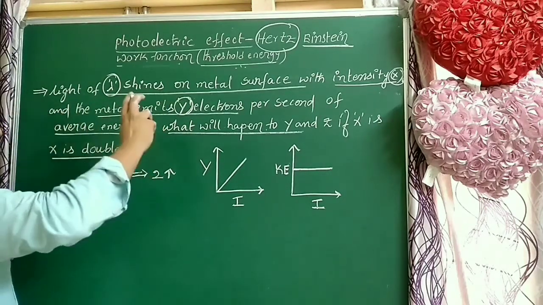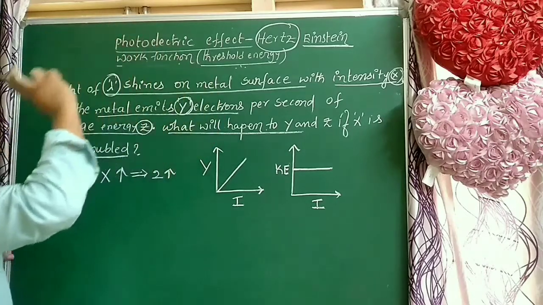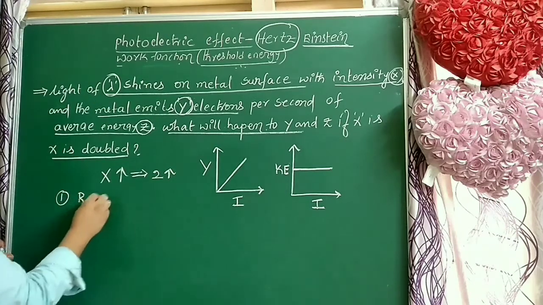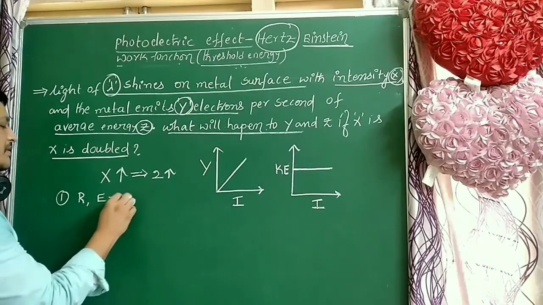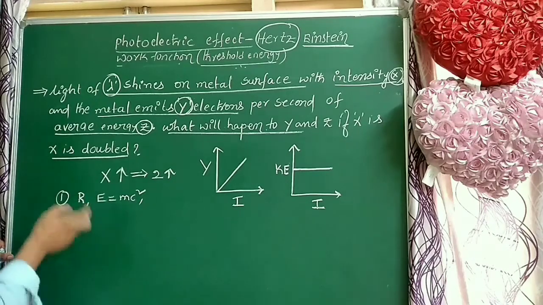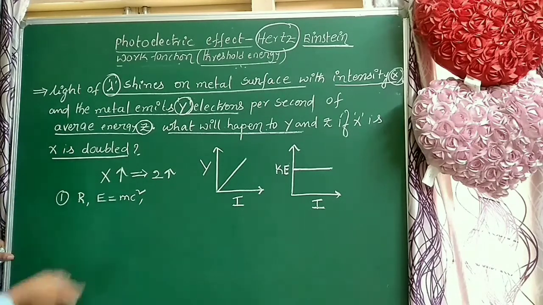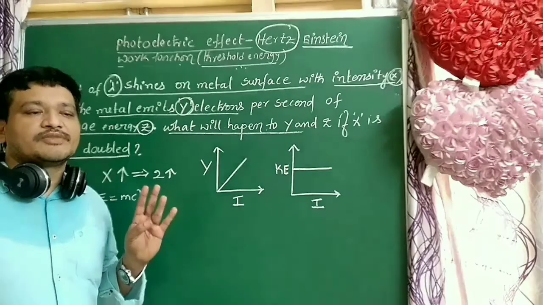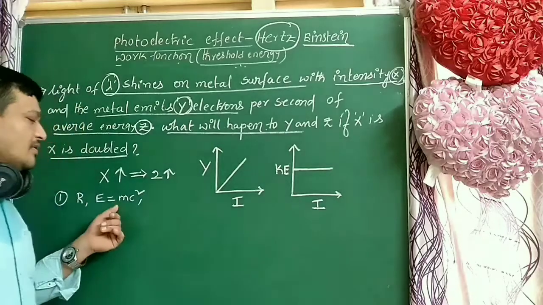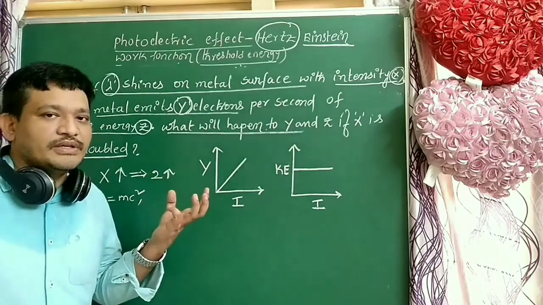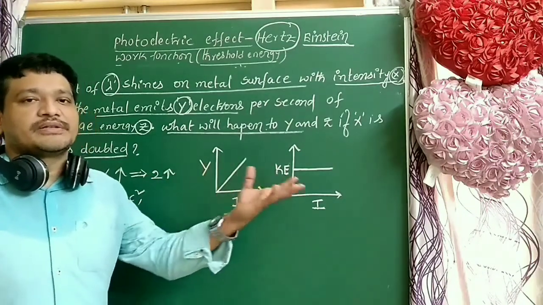The photoelectric effect is evidence for the particle nature of radiation. Reflection, refraction, E equals mc square, the photoelectric effect, the line spectrum of hydrogen, black body radiation, and the heat capacities of metals, these all are evidence for the particle nature of radiation.